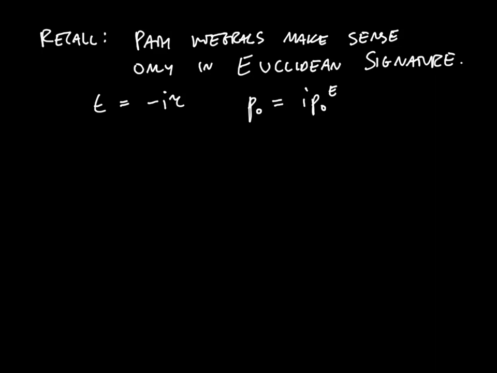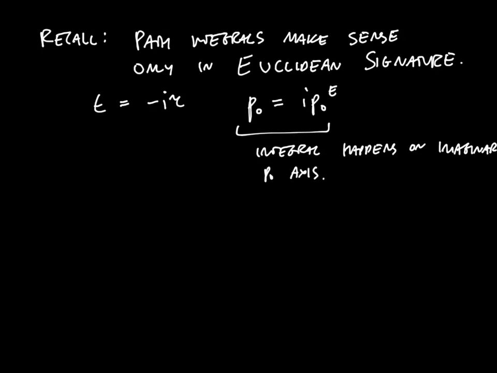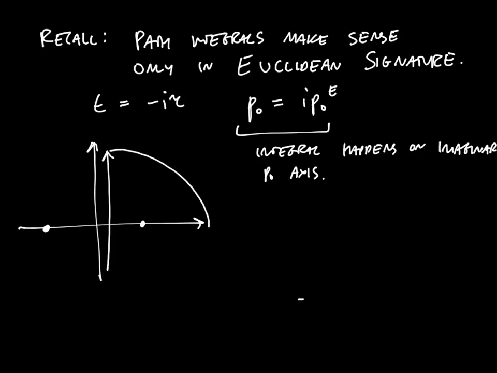What that means is that the integral was really happening up and down in the complex frequency plane, in the p naught plane. In other words, the integral happens on the imaginary p naught axis. This tells us the way to go around these poles. I have to do my initial integral along the imaginary p naught axis, and then complete the integral below, which means that I end up here.